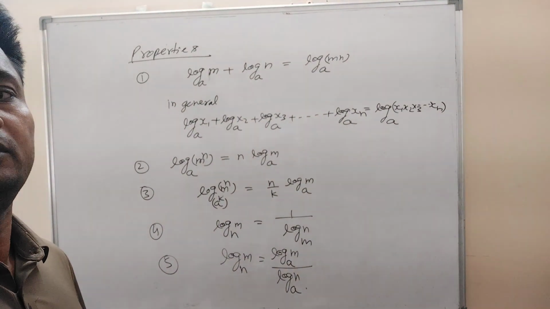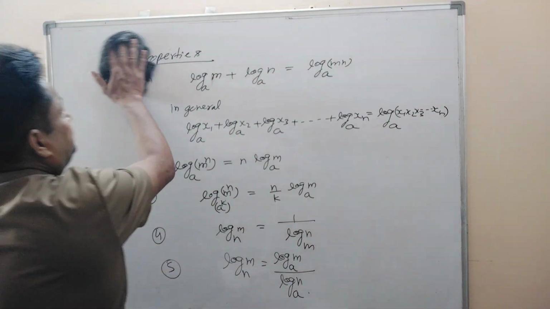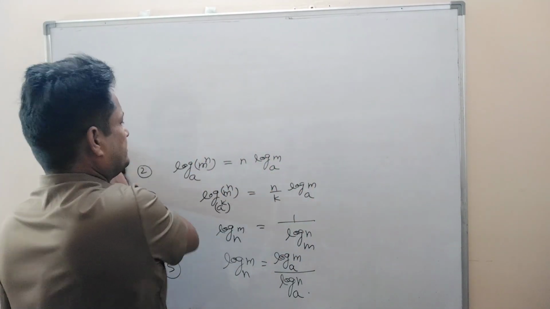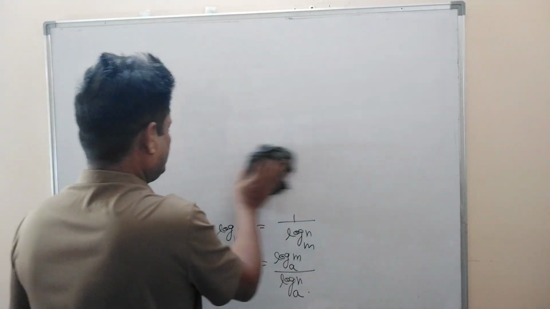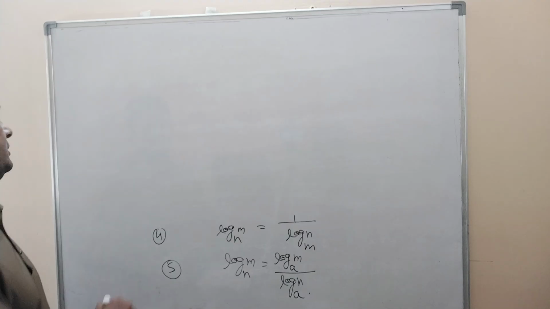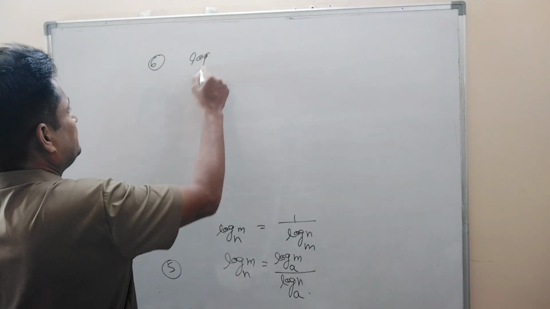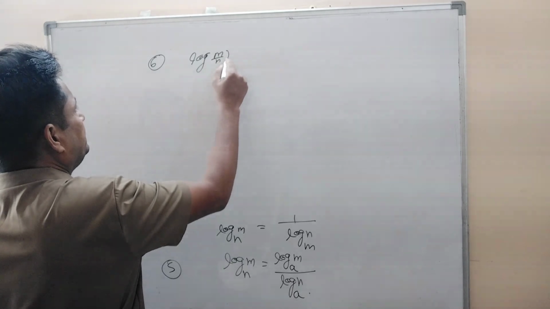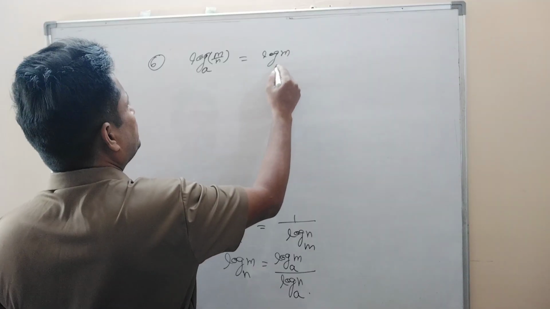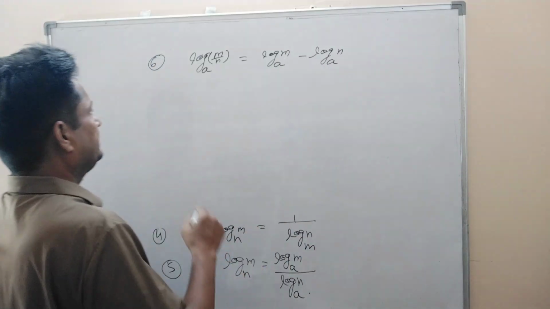This you can write here in this way. Next property is log of m by n in any base can be written as log of m base a minus log of n base a.